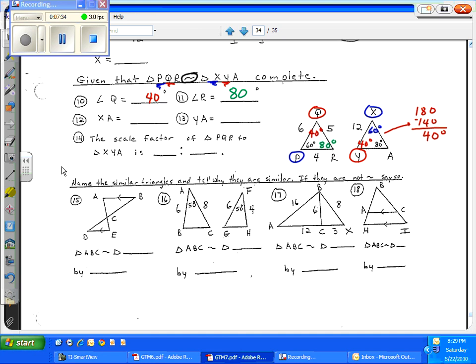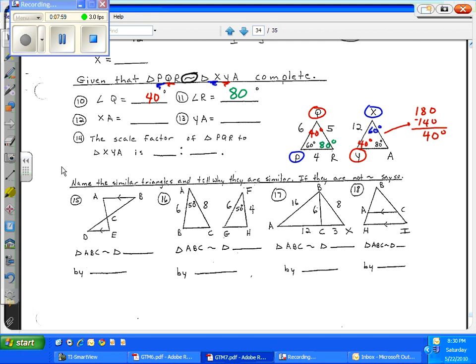It gave us that they were similar. I'm recording at night, and it's been a very busy day, so I think I might be a little bit tired. But anyway, we didn't need to conclude they were similar by angle-angle because we were given that they were similar, and that's the information that we were using to know that this angle of this one equals that angle of that one, okay?